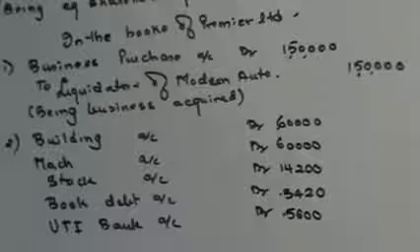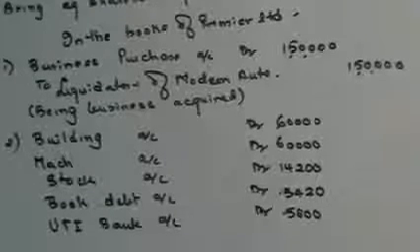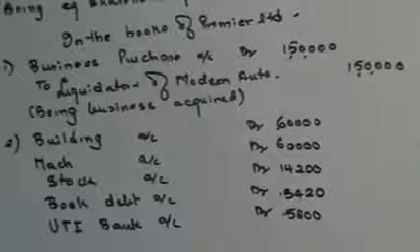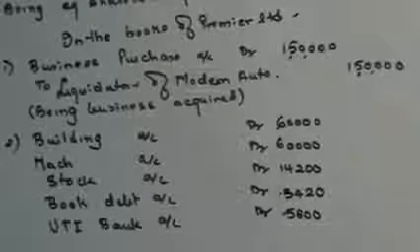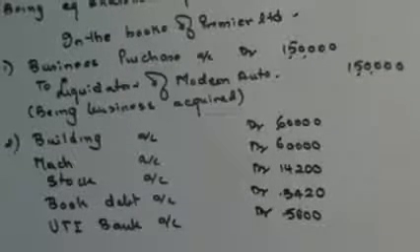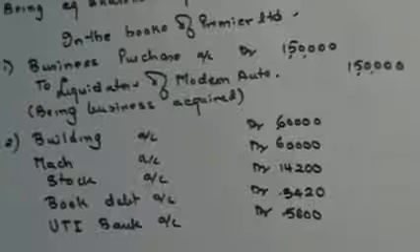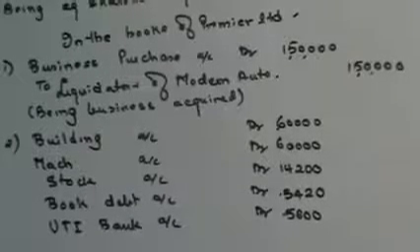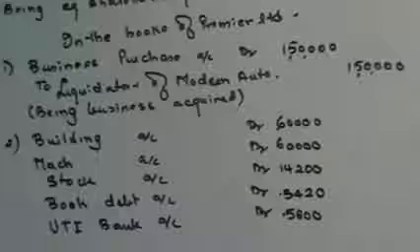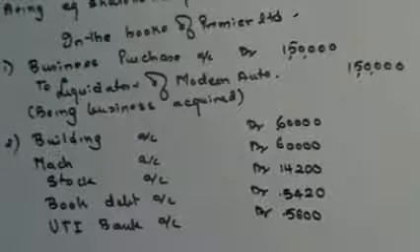Now they've also said, see the adjustment C, issue of such amount of fully paid 8% debentures of Premier Limited at 96 each as is sufficient to discharge 6% debentures of Modern Auto at 20% premium.